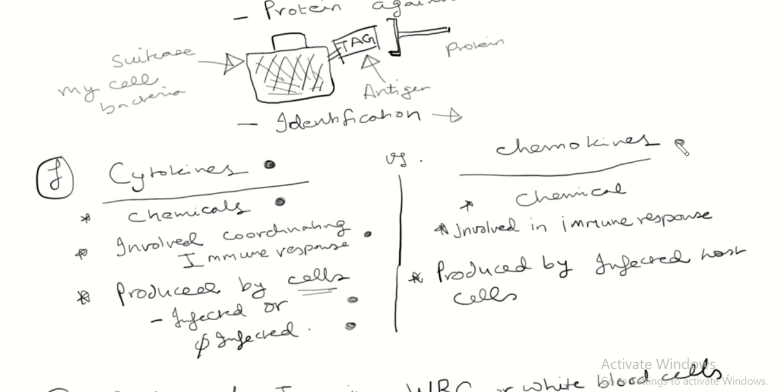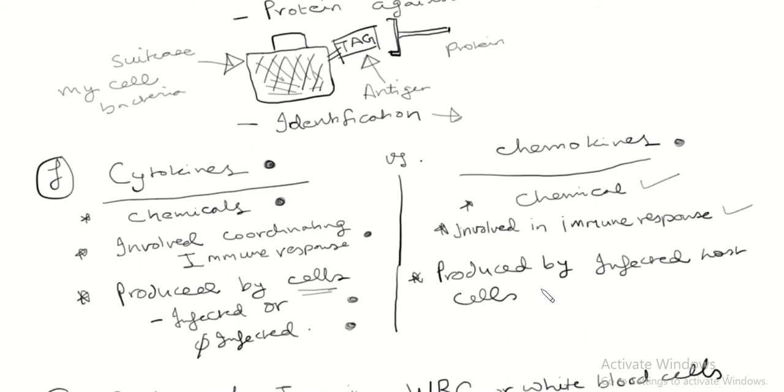Chemokines, on the other hand, are also chemicals involved in immune responses, and they are a type of cytokine. So chemokines are a subset of cytokines, and they are produced by infected cells.